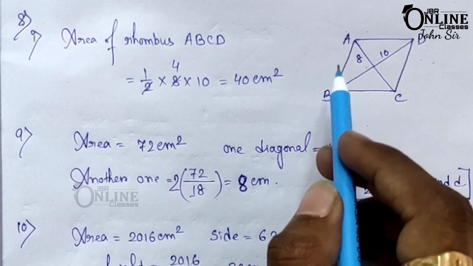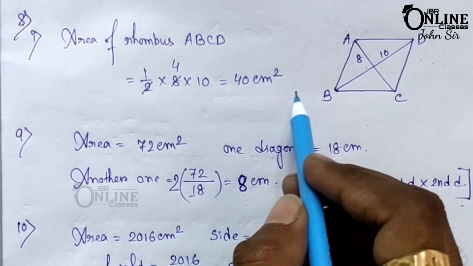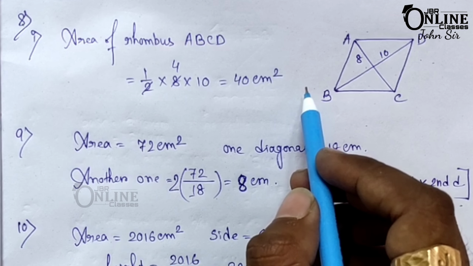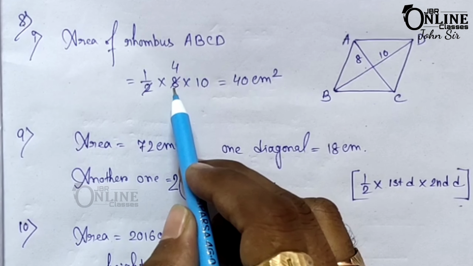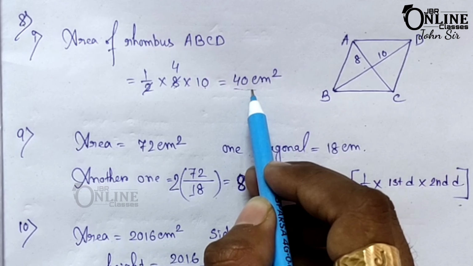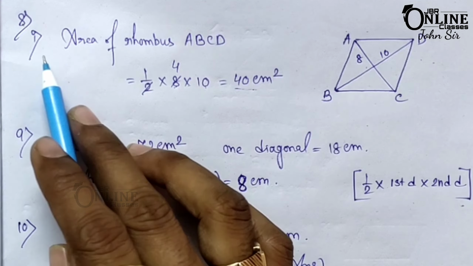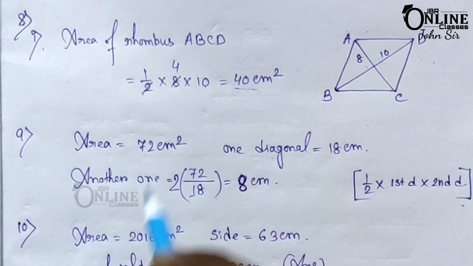There is another formula to find the area of a rhombus, and that is half into the product of diagonals. So half into first diagonal into second diagonal, that equals 40 centimeter square. So I hope you can easily solve the next problem, that means 8-2, the same problem.